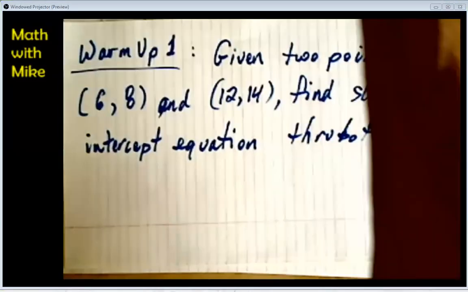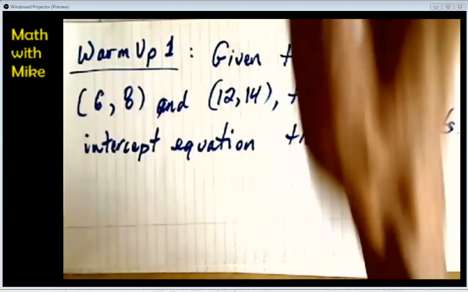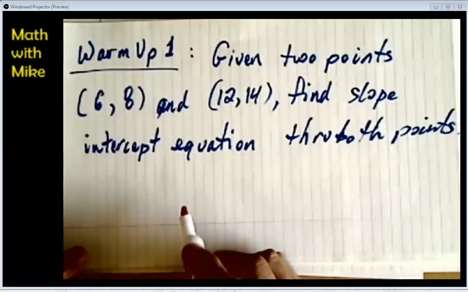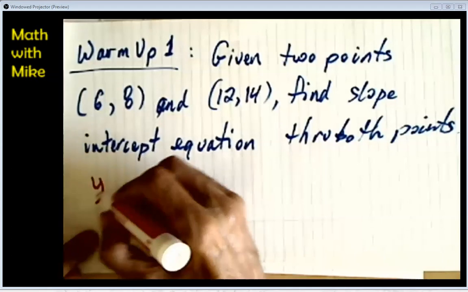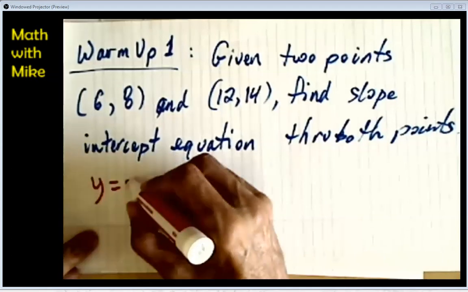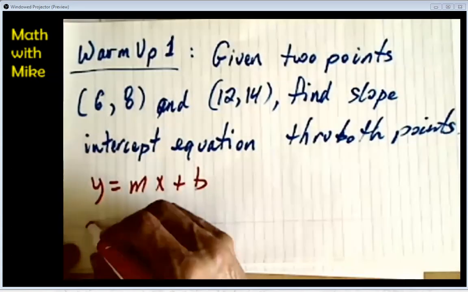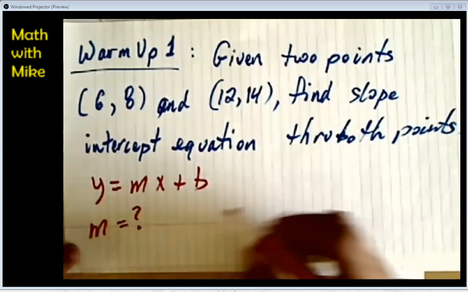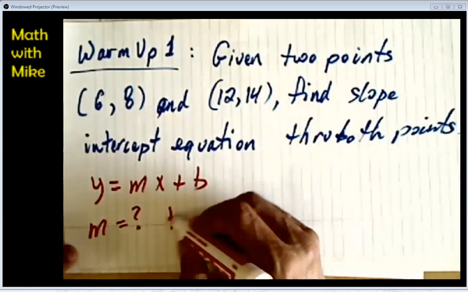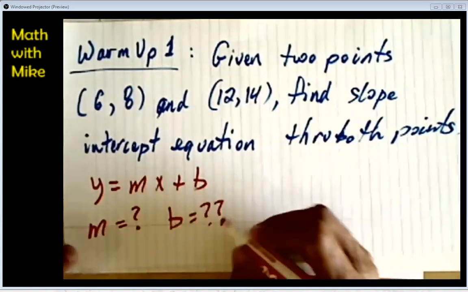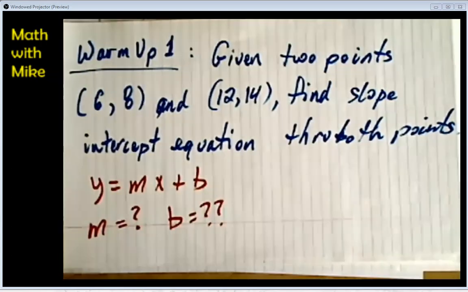Yeah, so we want the y-intercept version, right? So that's y equals mx plus b. That means there are 2 numbers that we need. We need to find the slope, which is the m, and we need to find the y-intercept as well, the b.